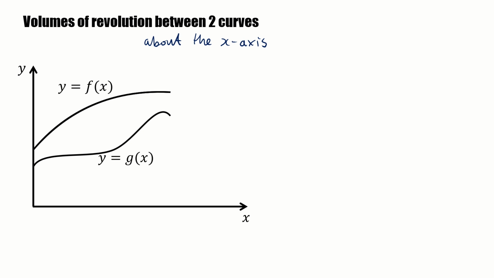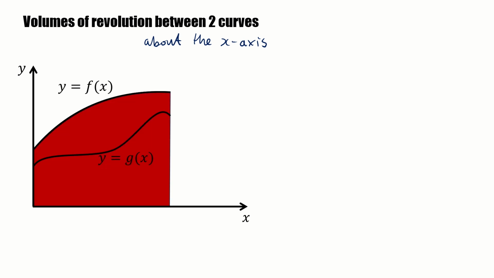So what you could start off by doing is volumes of revolution with the curve at the top, which would be the region between that curve and the x-axis. That would be found by doing pi lots of the integral of f of x all squared with respect to x, because normally it's pi lots of the integral of y squared with respect to x, and as y was equal to f of x, I replaced the y with f of x.